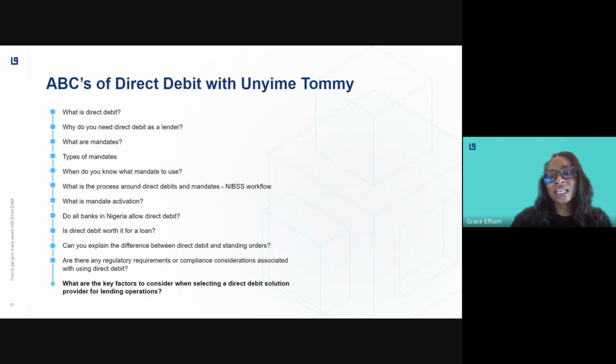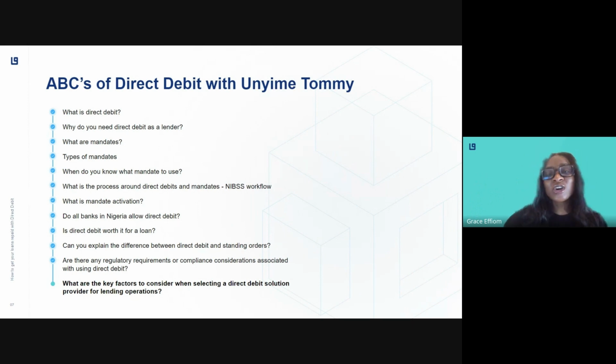If I've mandated that a lender can have access to funds from a user's account, there is the usual panicking of, oh, I have given you access to my account. What if you come and take my money tomorrow? What if I have not mandated you to give you more money? What if I don't want to use that particular service or provider again? Is it safe that I've done direct debit on this place? Is it safe that I've not done direct debit on this place?